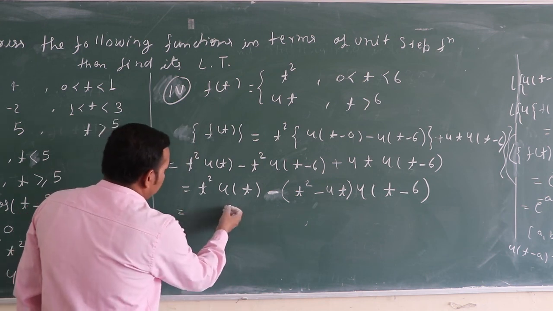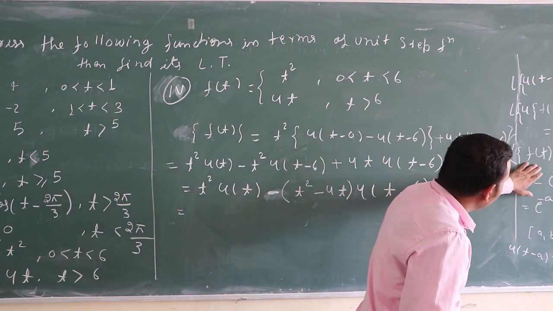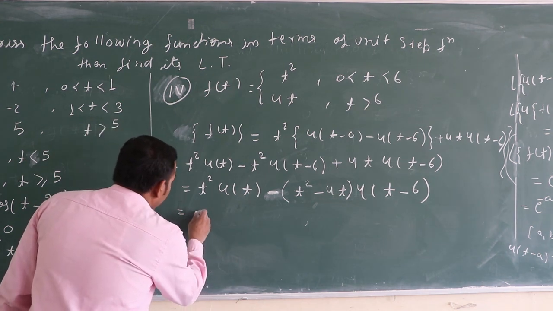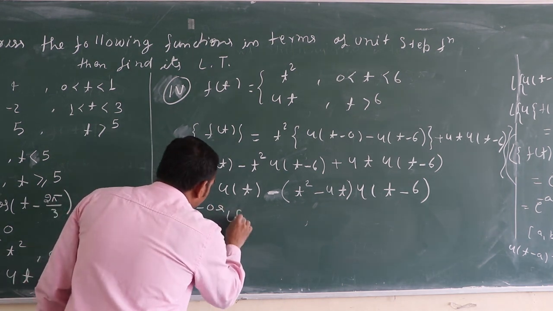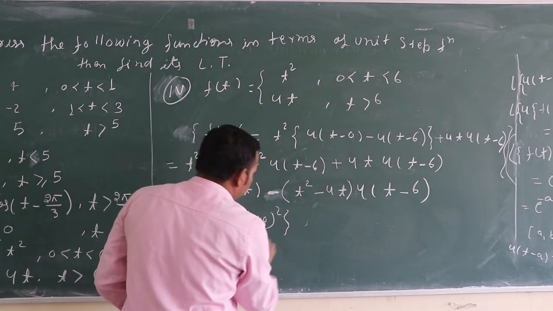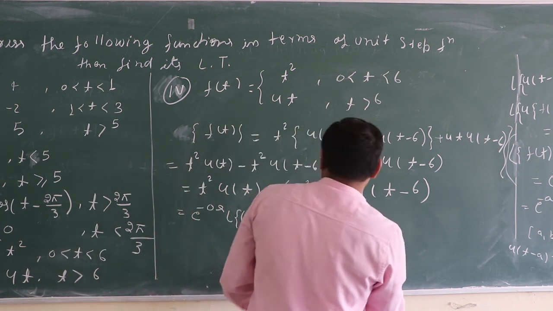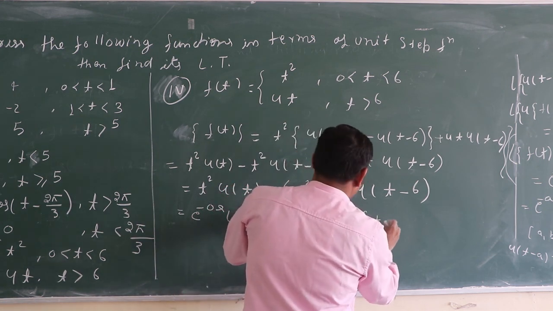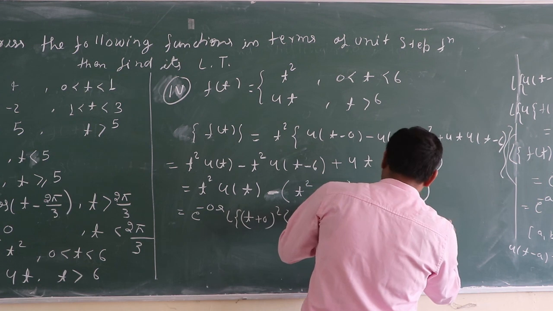Here if you use this formula, e to the power minus as f(t plus a), we get e to the power minus 0s into Laplace of (t plus 0) whole square, minus e to the power minus 6s into Laplace of (t plus 6) whole square minus 4(t plus 6).